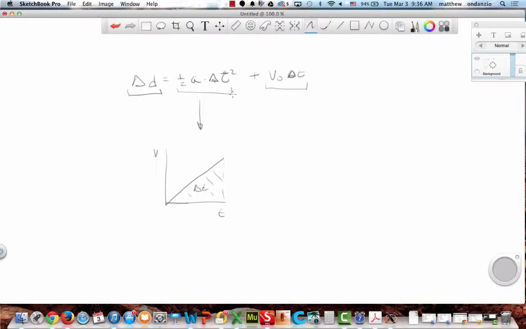The problem is if I'm driving next to a semi-truck at 60 miles an hour, and I want to pass the truck, and we're both going 60, I've got to hit the accelerator, don't I? So that graph ultimately looks like this.